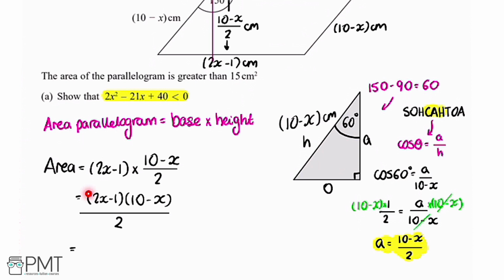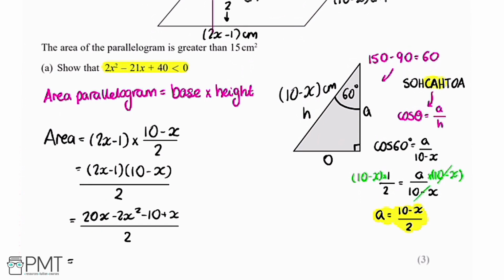Now I'm going to expand out the brackets at the top, multiplying every term by every other term. 2x multiplied by 10 gives us 20x. 2x multiplied by minus x gives minus 2x squared. 10 multiplied by minus 1 gives minus 10. Minus 1 multiplied by minus x gives positive x. And it's still divided by 2.